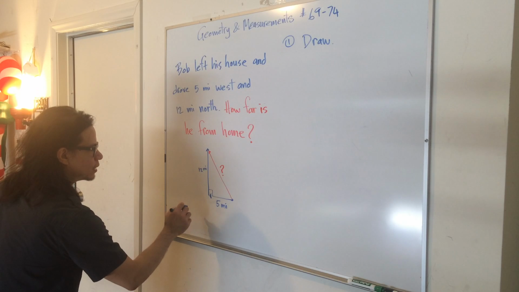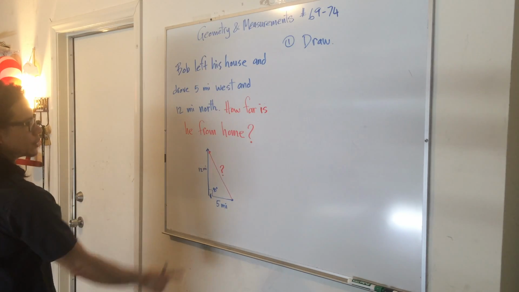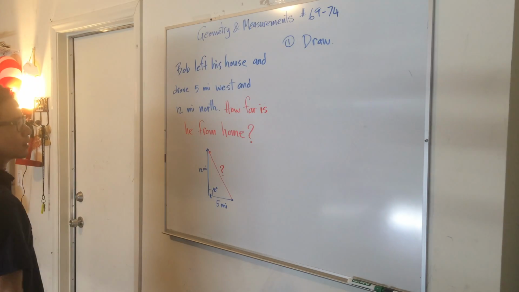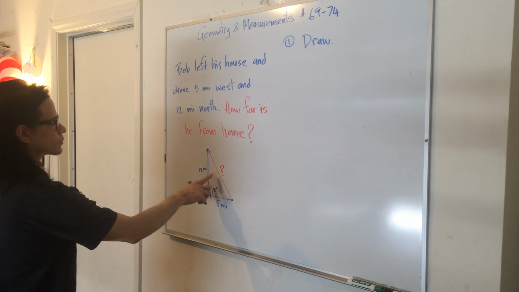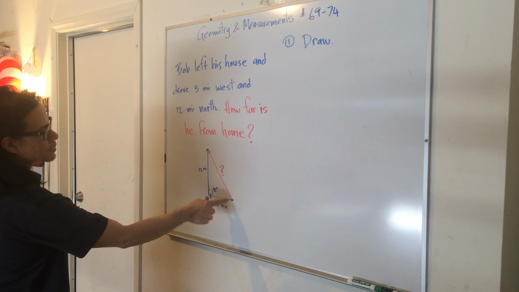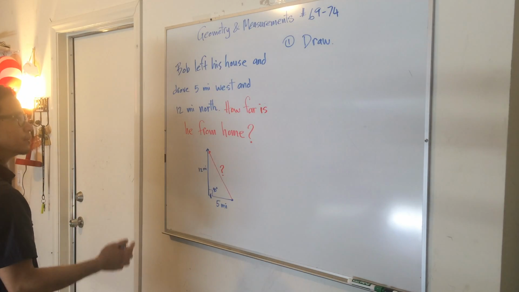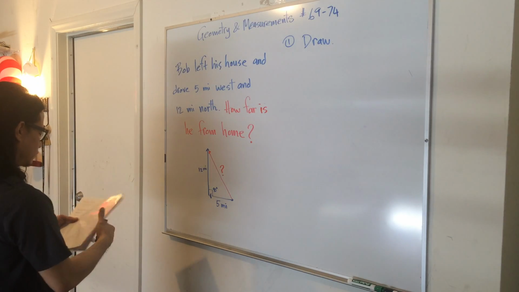If you go west and then north, you make a sharp turn of 90 degrees. So in other words, we can apply the Pythagorean theorem here if we need to. And maybe we do need to, because this distance here that we're trying to find happens to be the hypotenuse of the right triangle.